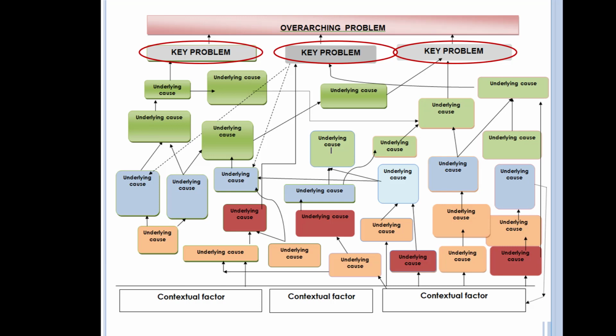Each domain of change has its own pathway of change, meaning the preconditions that are necessary to achieve this domain of change. All this path of preconditions, of pre-solutions, is needed in the solution tree to achieve this domain of change. These preconditions or pre-solutions were called underlying causes in the problem tree.